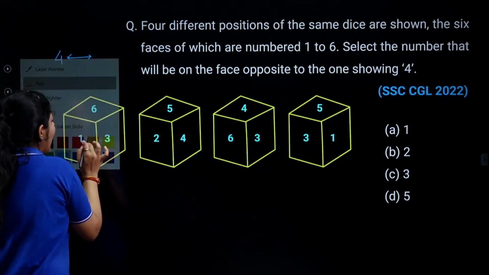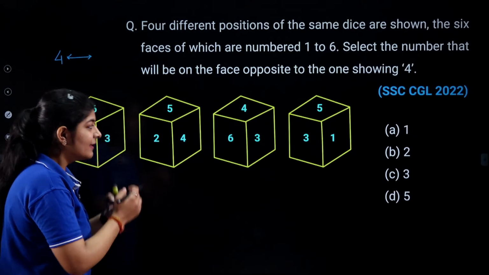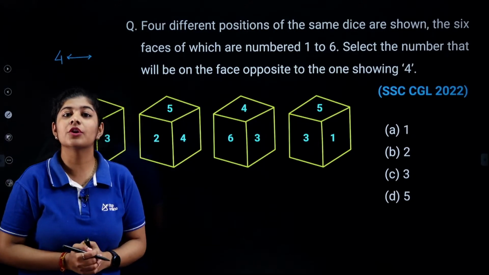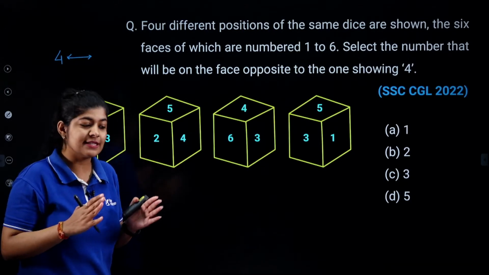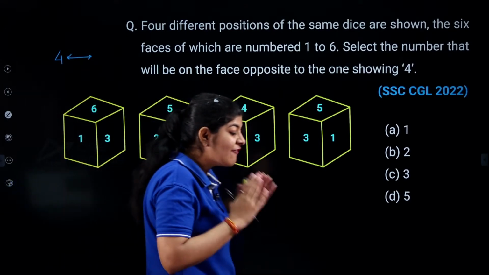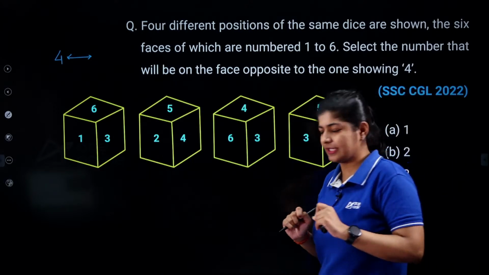Okay, so how are we going to attempt this question? We know that a dice is made up of a cube. And whenever we talk about opposite faces, they can never be seen adjacent to each other. We know all these logics, right?